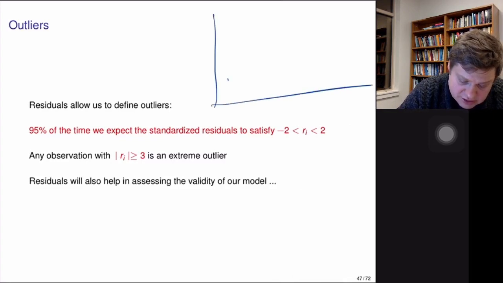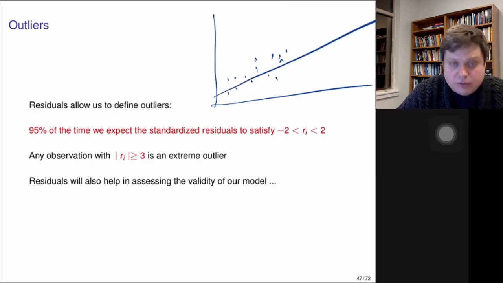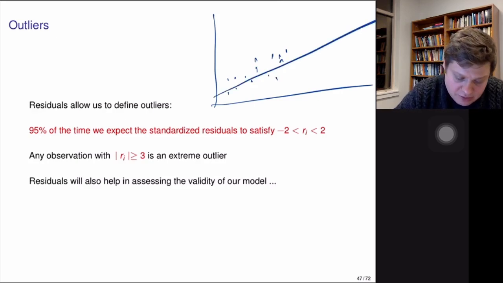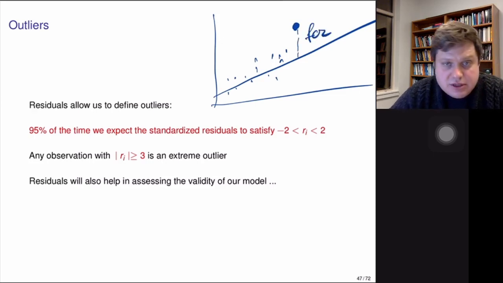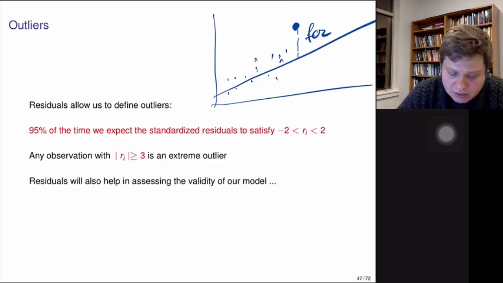So if you have a data set and most of the data is around this trend line, and then you have a certain observation that is far away from this line, so the distance is large, we call this observation an outlier.